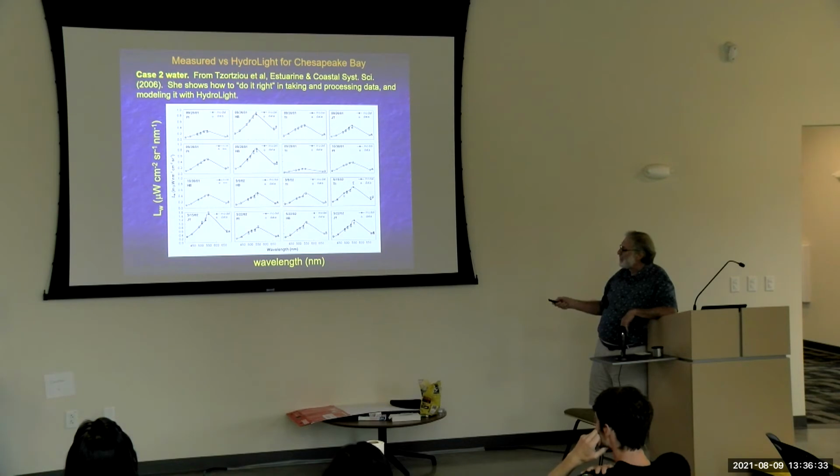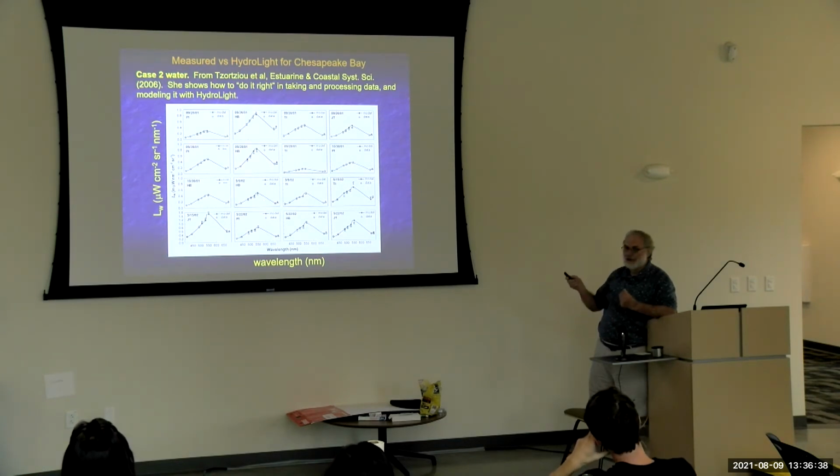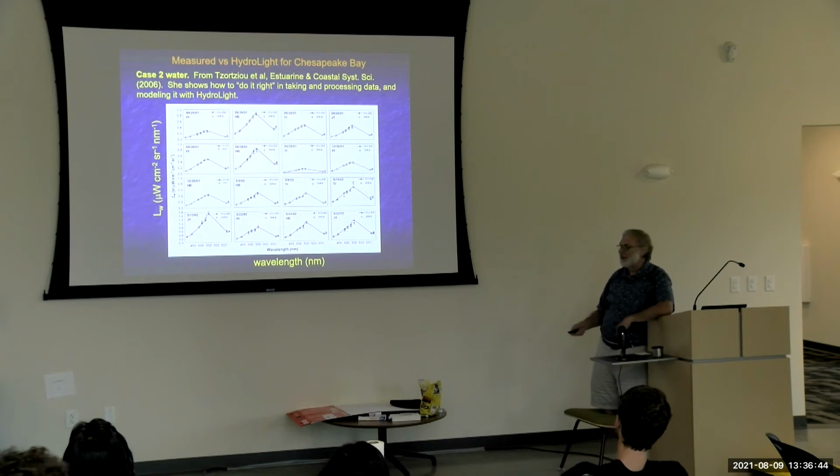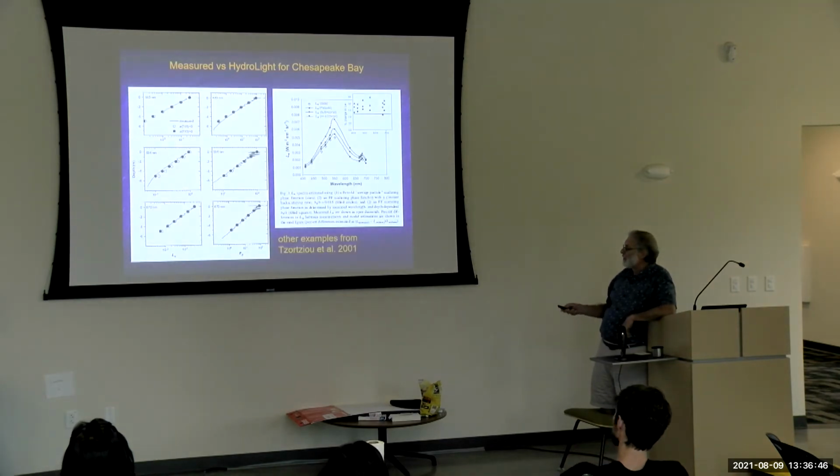And you can see she's getting darn near perfect agreement between the LW she measured and the Hydrolight predictions. But it was a whole PhD to get that. Here's some more of her data, measurements of LU here and ED here. Once again, very good agreement between Hydrolight and the measurements.